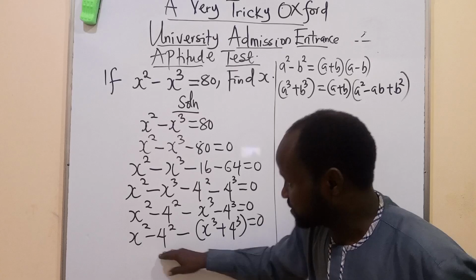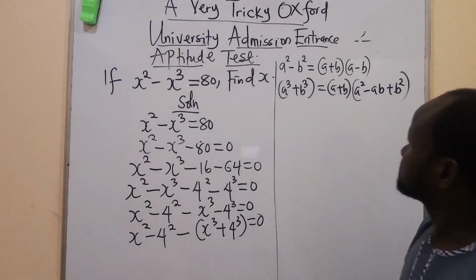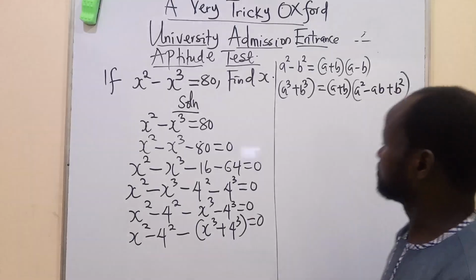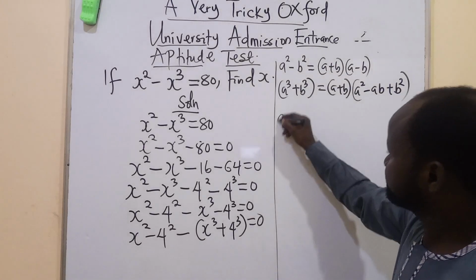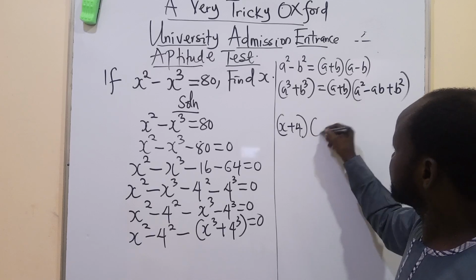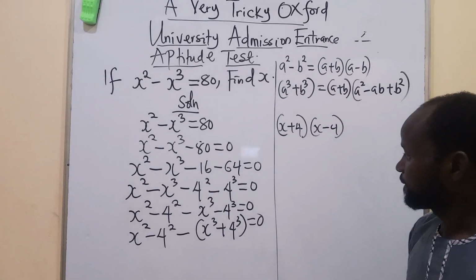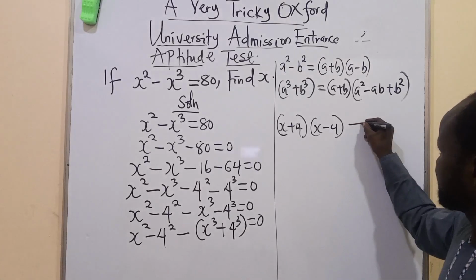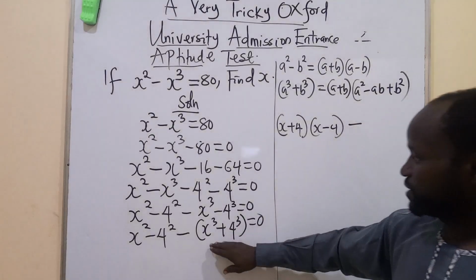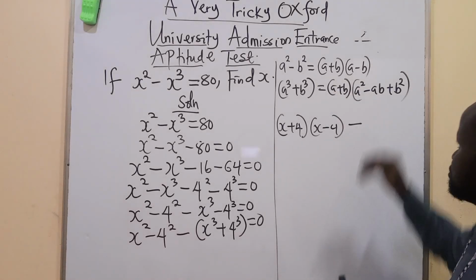Okay, let's pick this side. In this case, our a is x and our b is 4. So let's substitute. We'll have x plus 4, then we'll have x minus 4. Okay, we have minus here, that will be minus. If we compare this, our a is x and our b is 4. We substitute.